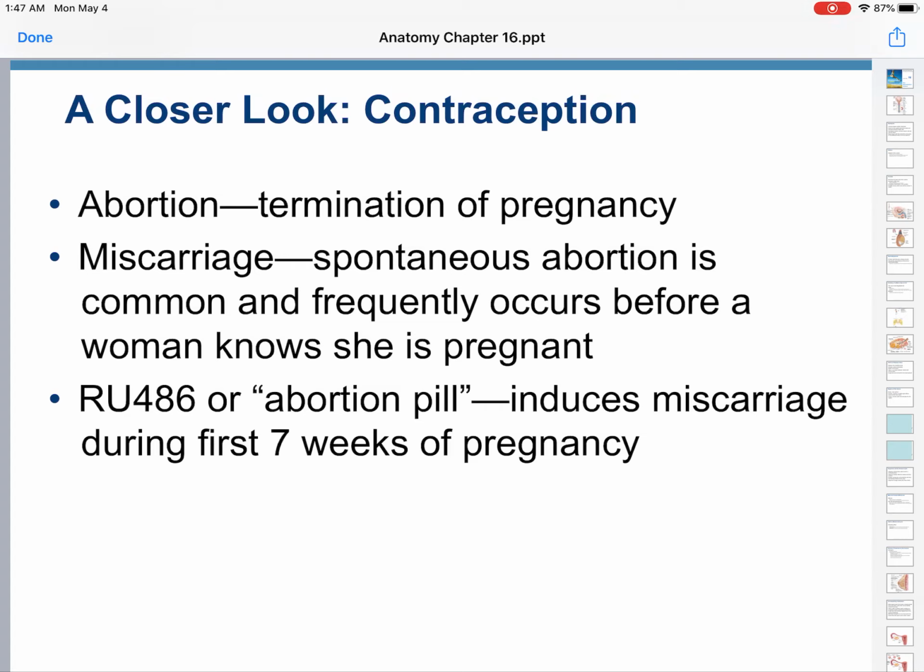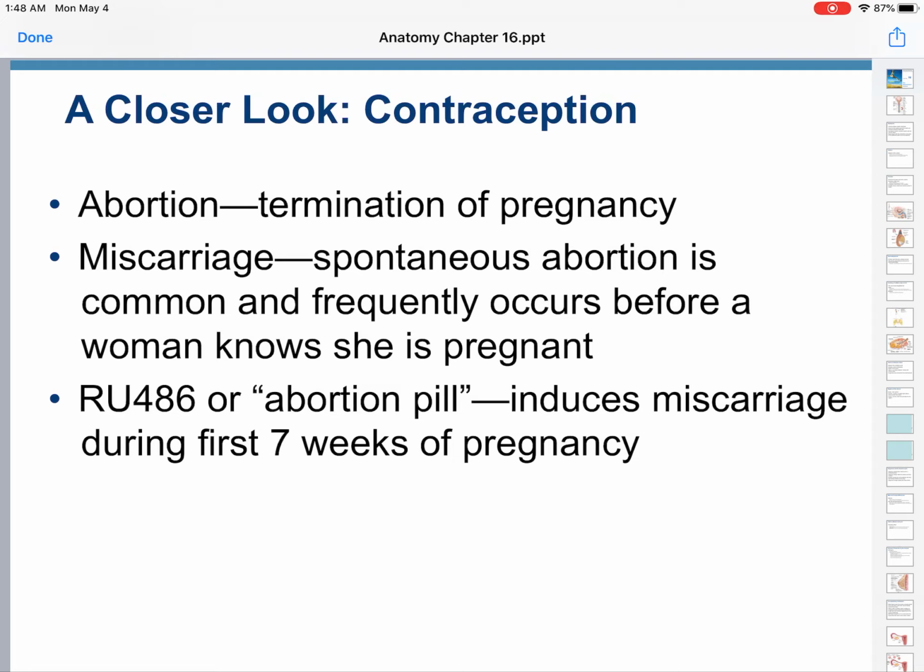However, oftentimes the body will spontaneously abort for one reason or another, while the body is monitoring the pregnancy. It looks at it and says, something's not right, and it will end the pregnancy on its own. This frequently occurs before a woman even knows she is pregnant.